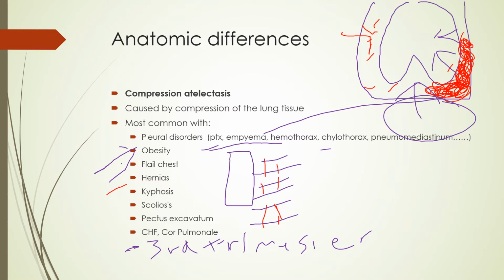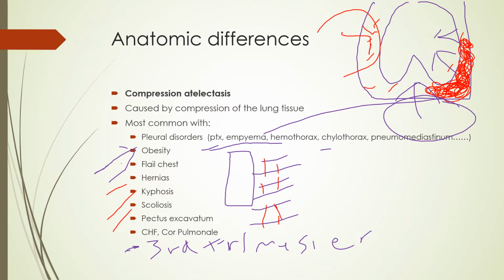Hernias can easily go up and do this, like hiatal hernias, kyphosis, scoliosis, kyphoscoliosis, pectus excavatum, which is that indentation of the chest wall, congestive heart failure. Remember, we have a giant left ventricle. What's the left ventricle going to push up against? We have a giant muscle pushing up against the lung.